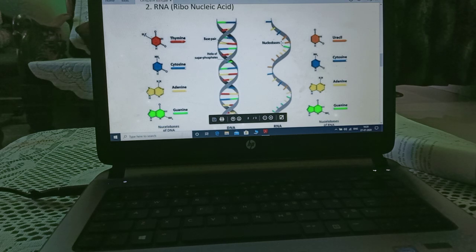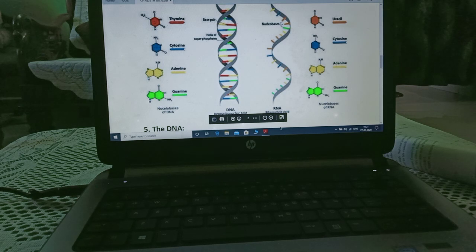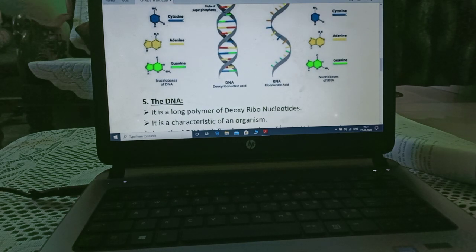Here the nucleotides are thymine, cytosine, adenine and guanine, and in RNA thymine is replaced by uracil. So in RNA uracil, cytosine, adenine and guanine are present. Now we will see cytosine.